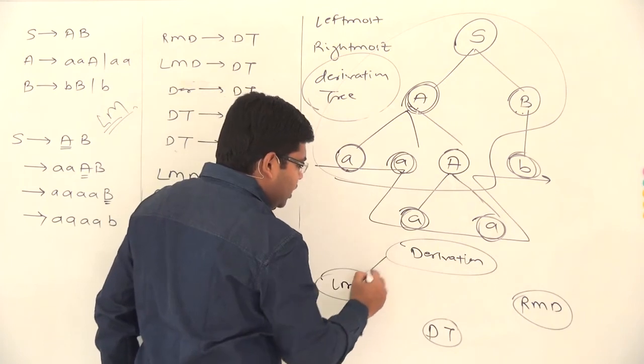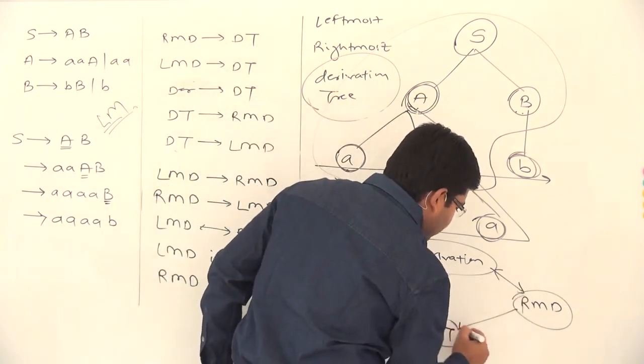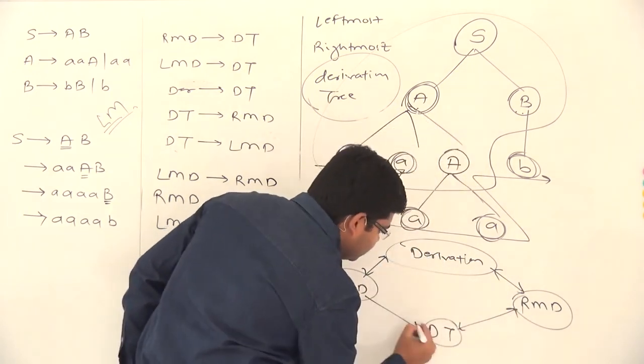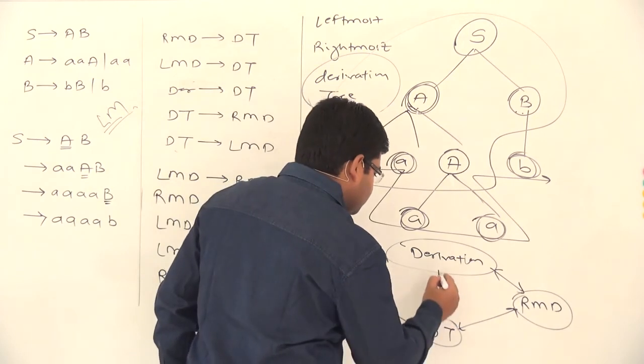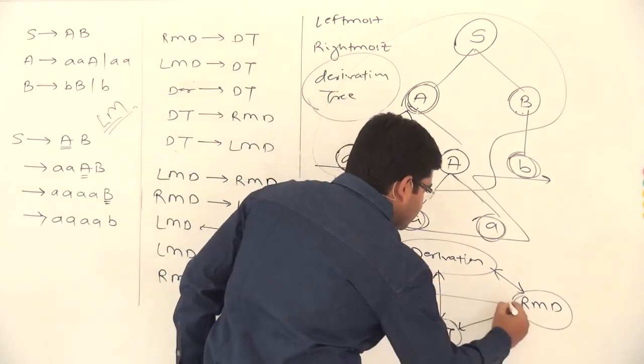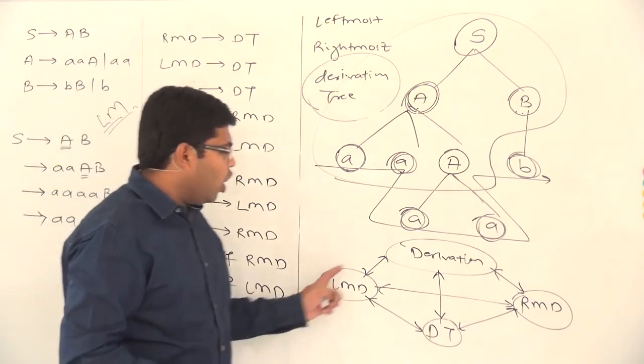Similarly, you can interconvert all of them between anything. So I can represent it like this. And finally like this. Everything can be converted into everything else, and all the things are equivalent.